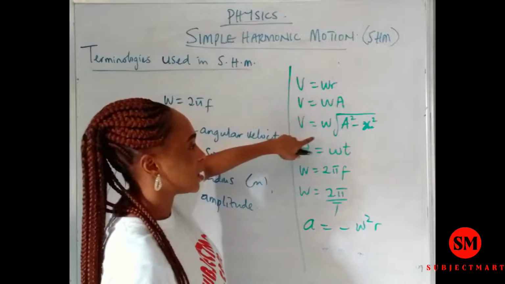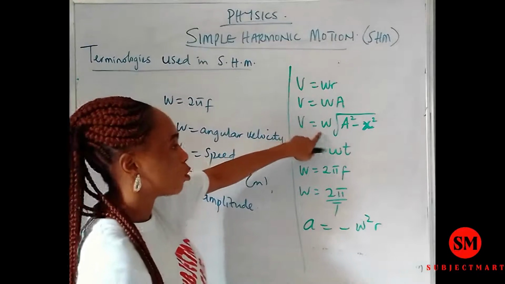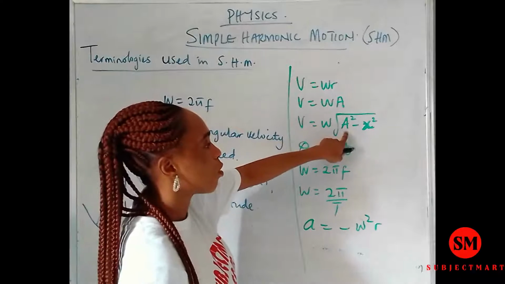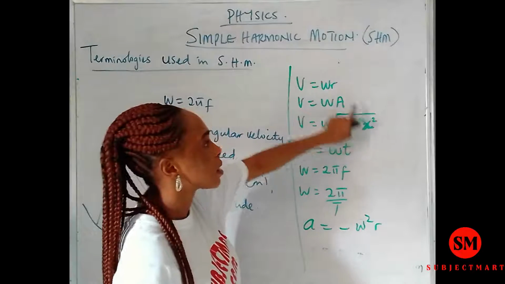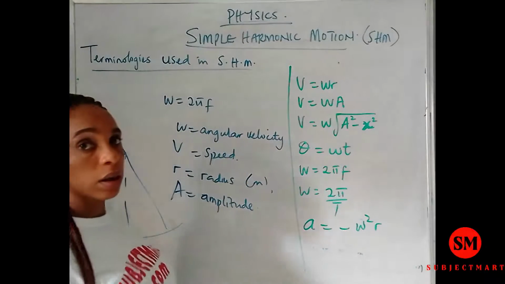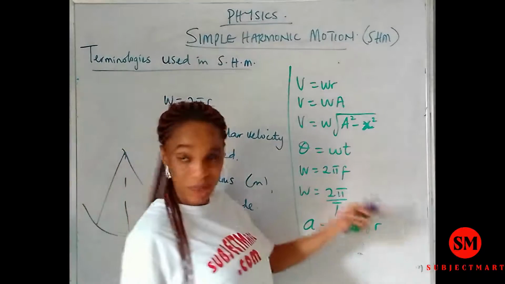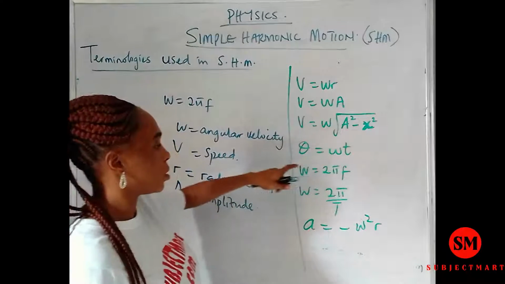So in cases like that, this formula is applicable. We use V is equals to W square root of A squared minus X squared. Now the amplitude, X and R, we use them interchangeably. It denotes displacement. Anyway, theta is equals to W T.